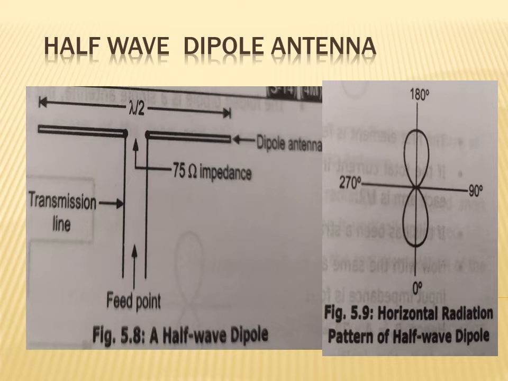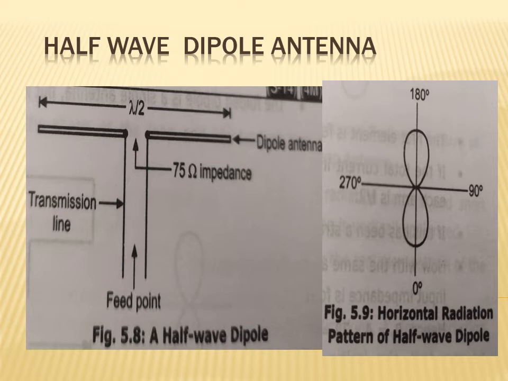See in the figure, the first figure shows the construction diagram for this half dipole antenna, and the second figure shows the radiation pattern for this half wave dipole antenna. See the one transmission line which is connected to your dipole antenna.